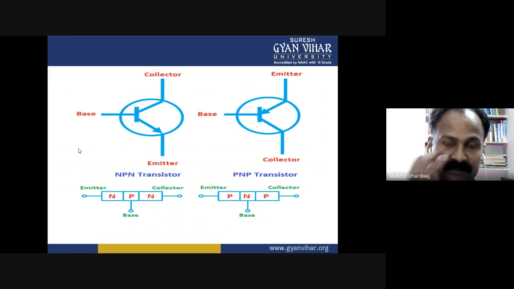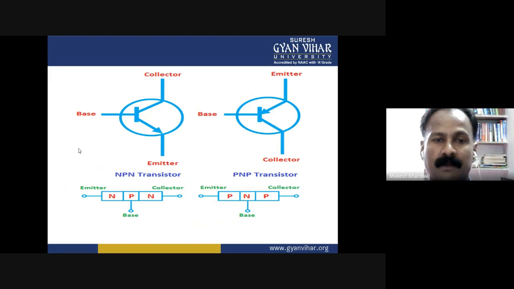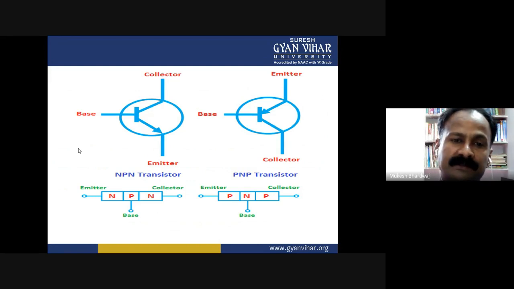So on the basis of the arrowhead, and these arrowheads are showing the movement of electrons. Okay, so we will see how this arrowhead comes out, but for future reference, just keep in mind that the arrowhead is used to differentiate between the NPN and PNP type transistor.